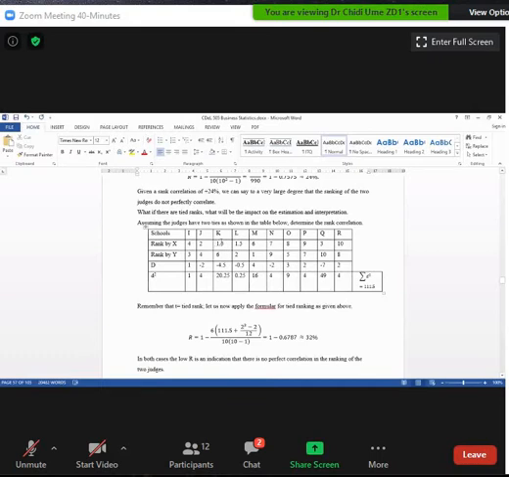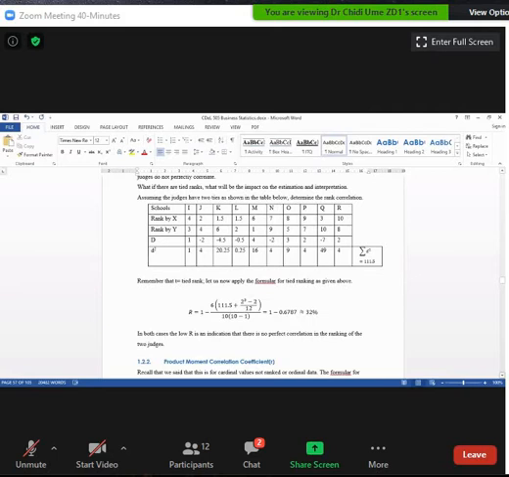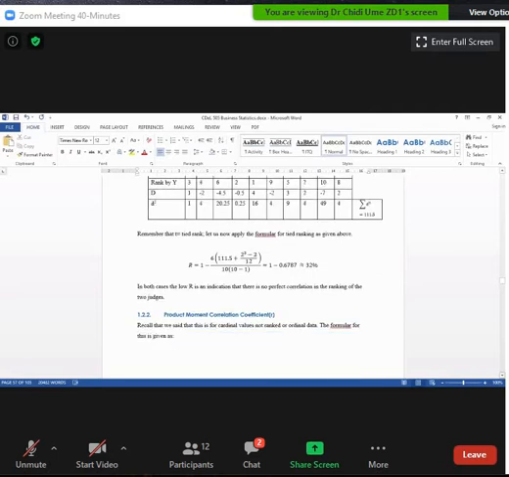K and L are tied. When you have tied ranking like this, t is 2, because the number of ties is 2. Then t to the power 3 minus t, 2 cubed minus 2, over 12. And you just resolve it. Whatever happens, know when there are no tied rankings, and know when there are tied rankings. When there's a tied ranking, the dynamics change. The formula will just change.